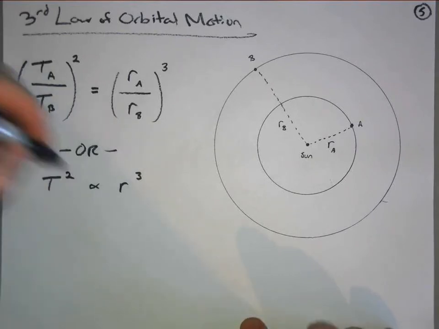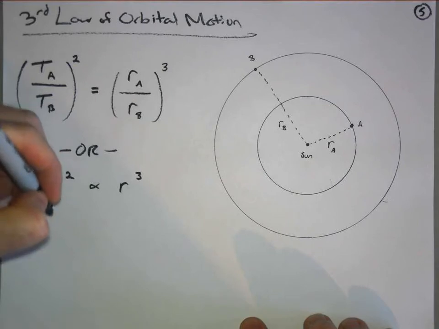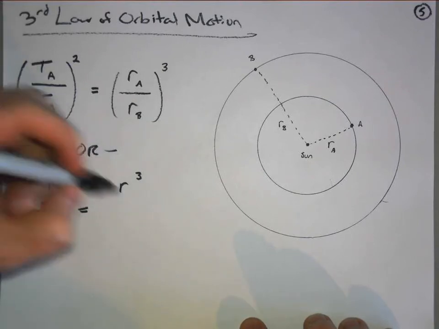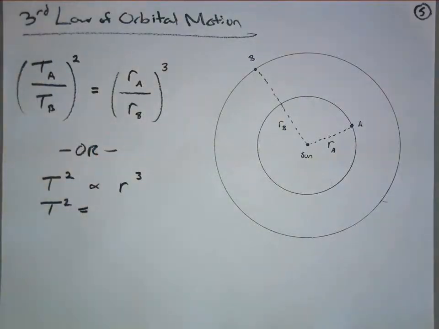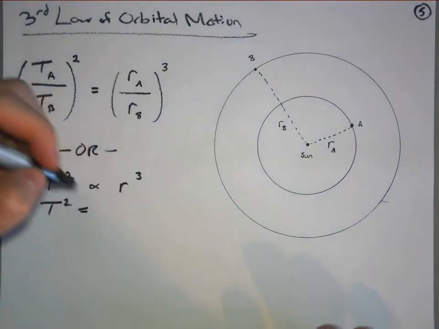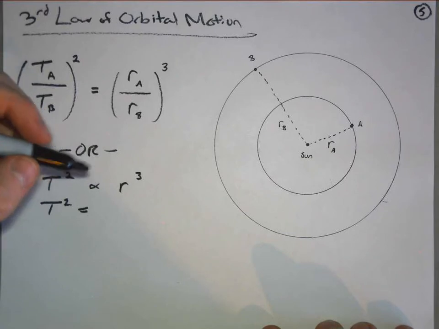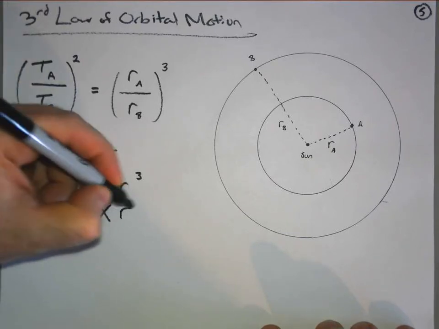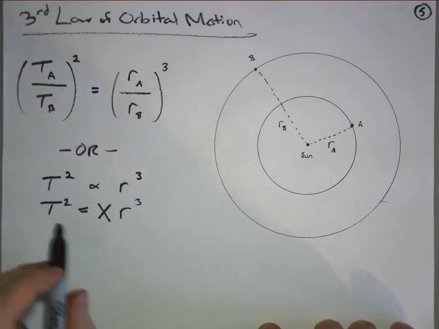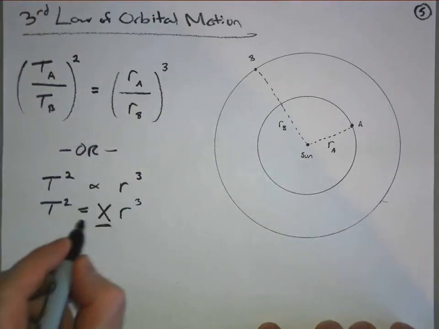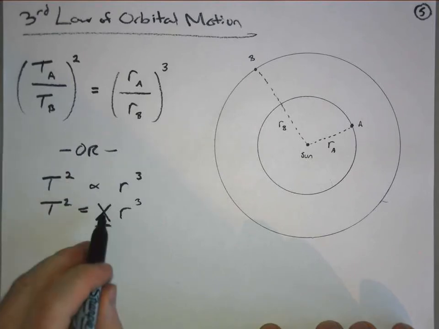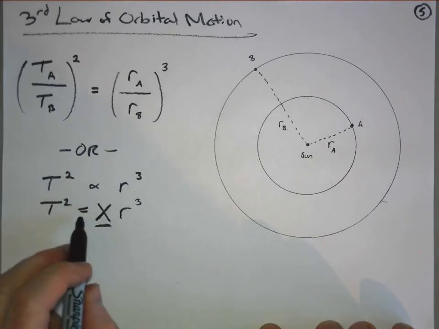And in fact, if I wanted to make an equation out of this, I'd have to do this. I have to say that, and then I'm going to put a capital C. I don't want to use capital C. Let me use just big X. Big unknown, right? So this guy isn't just a big unknown that we don't know what it is, but we have to put it there to make an equation.